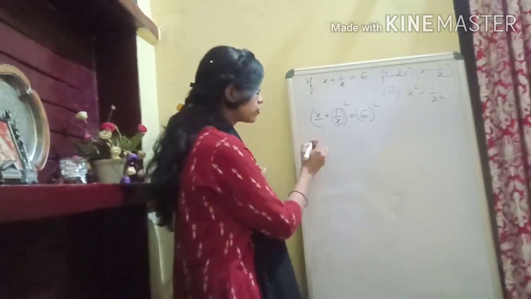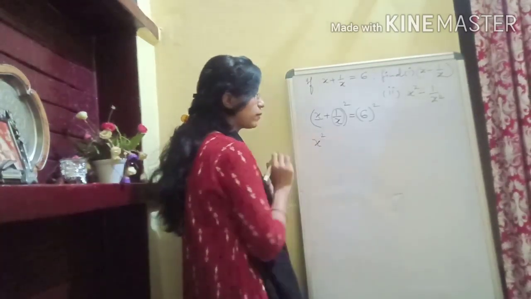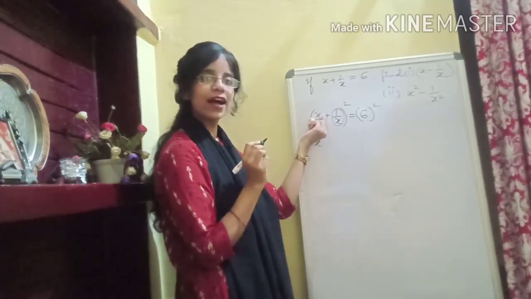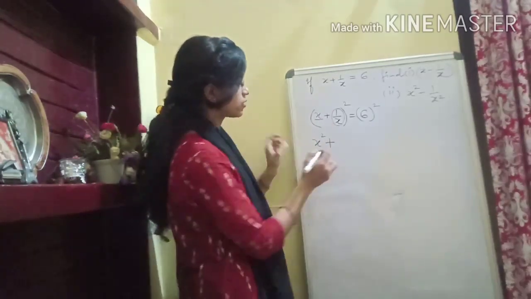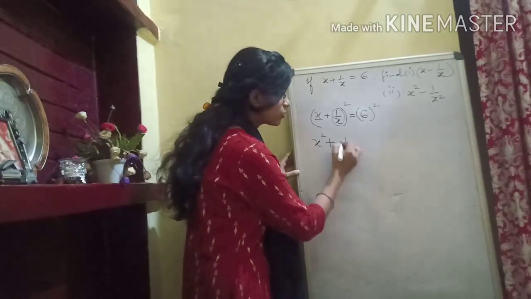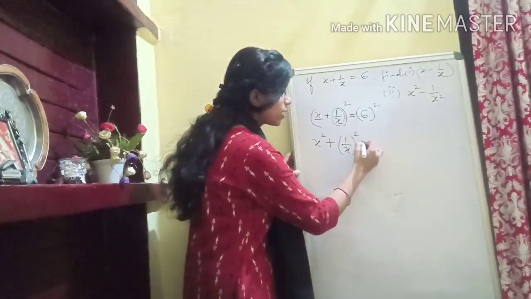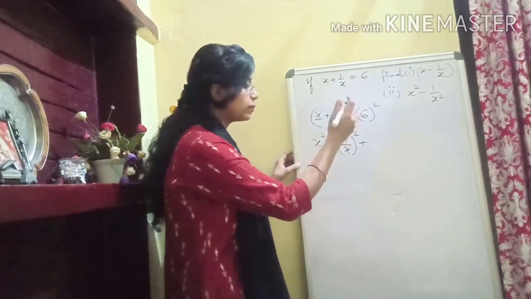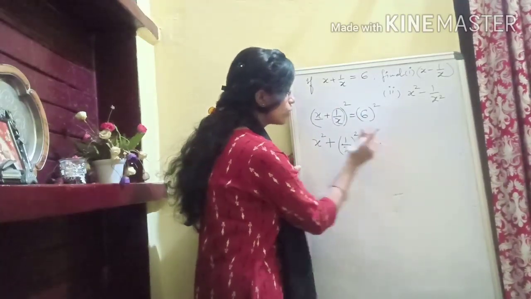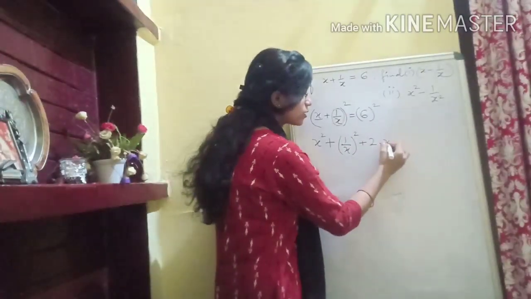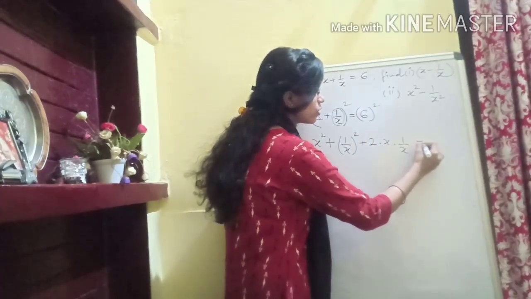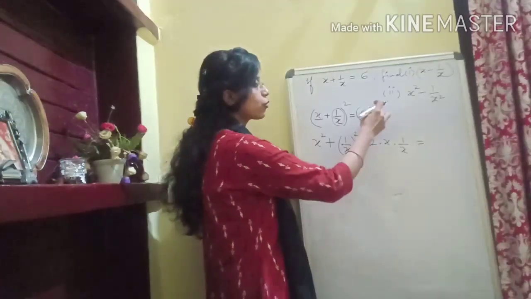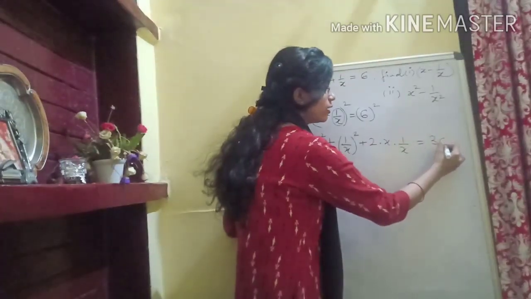It will be a square x square, plus b square, 1 upon x whole square, plus 2 into a into b. So 2 into a is x, into b is 1 upon x, is equals to, right hand side we have 6 square and it will be 36.